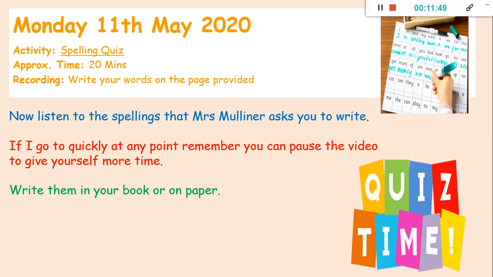Think carefully about that one. Okay, number 5, grass. The grass looks very green today. The spelling is grass. Number 6, pass.